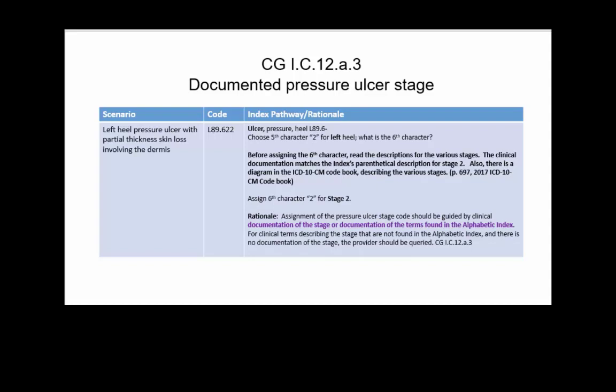In future versions of the code book it may be on a different page, but it is there, as well as being described in the stage 2 or whatever stage. It describes how the thickness, how deep the ulcer goes on the skin. So don't be surprised if sometimes you don't get a stage, but you are told how deep it goes, and then you have some resources here for knowing how to stage that.